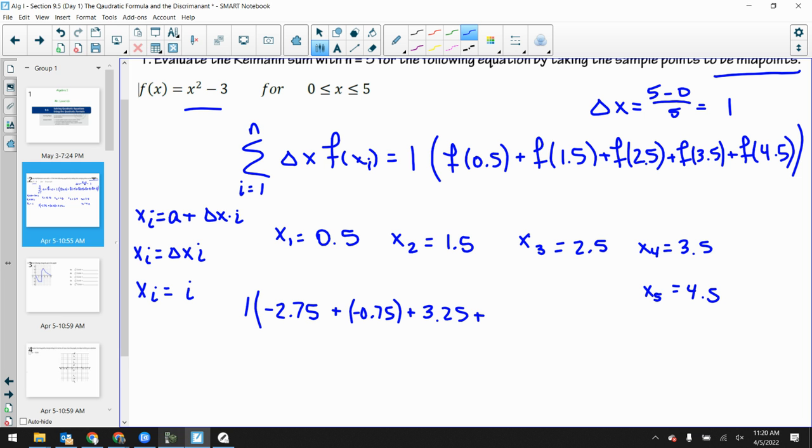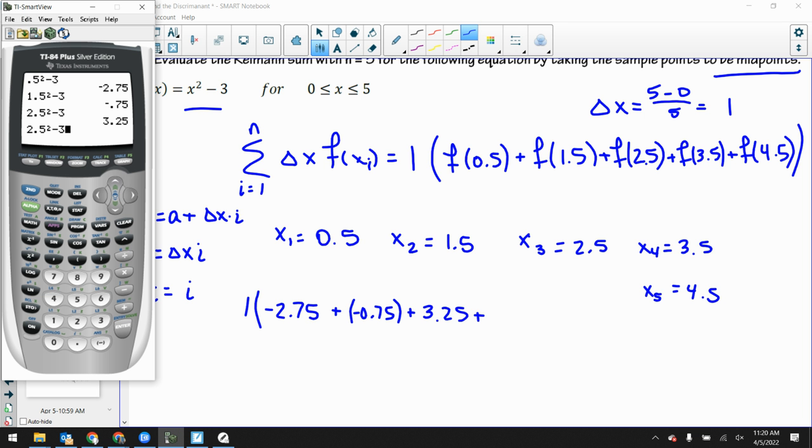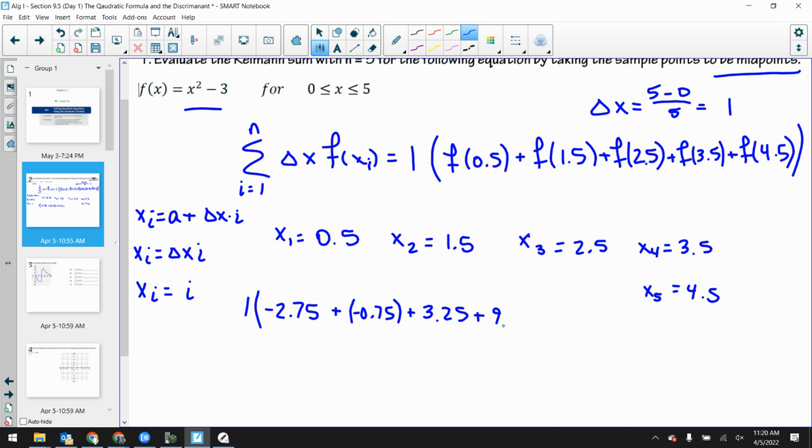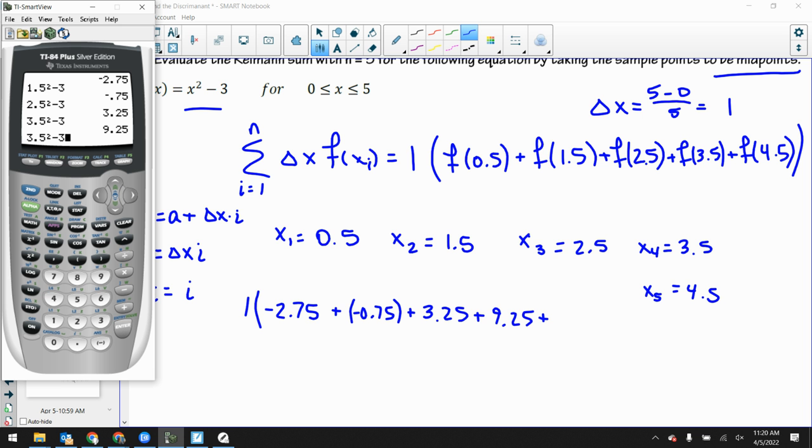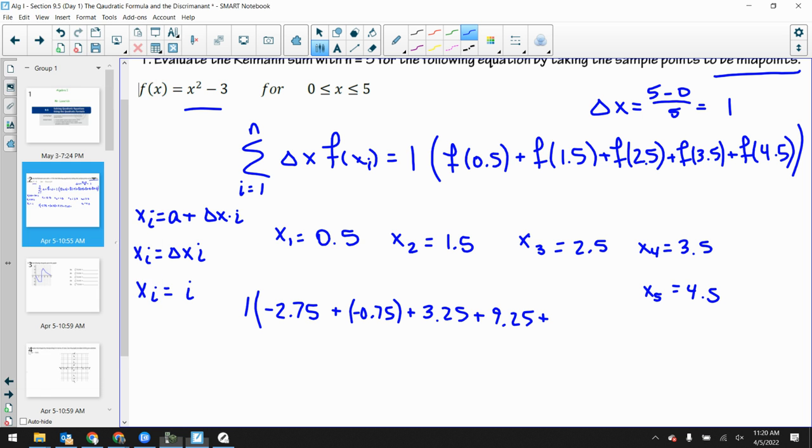And then I want to do 3.5 squared minus 3, which is 9.25. Same thing with 4.5, 17.25.